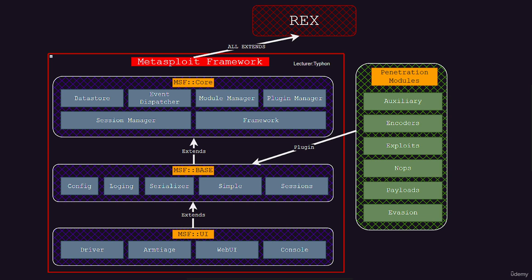They include payloads, encoders, NOP generators, as you can see here, evasion modules, and auxiliaries. These modules are the heart of Metasploit's capability, allowing users to perform various tasks related to penetration testing and security assessments.